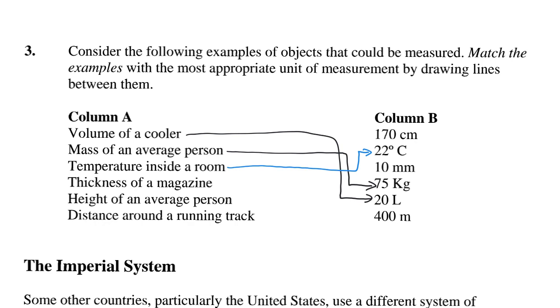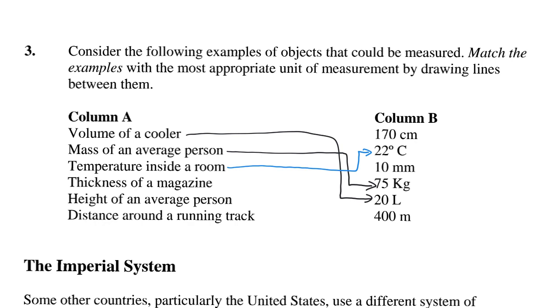The thickness of a magazine. So it's either 170 centimeters or 10 millimeters. When you think of the thickness of a magazine, you're not thinking that a magazine is very thick. It's usually less than a centimeter.